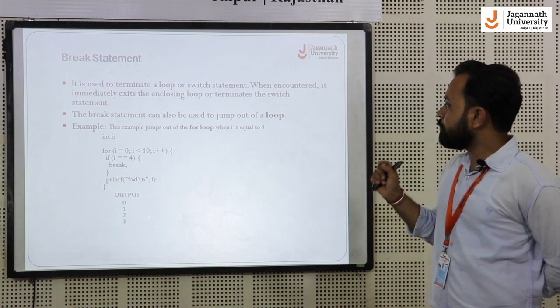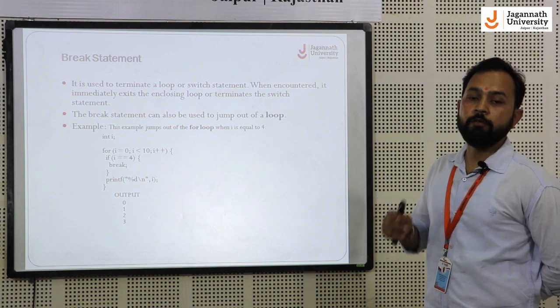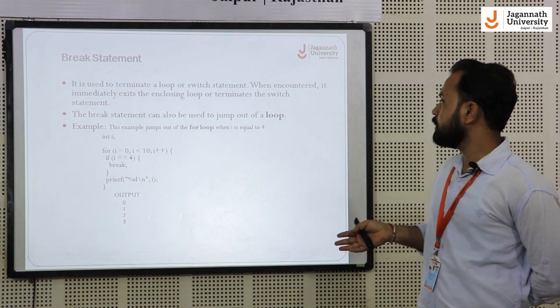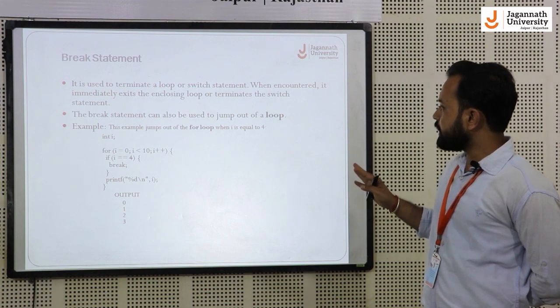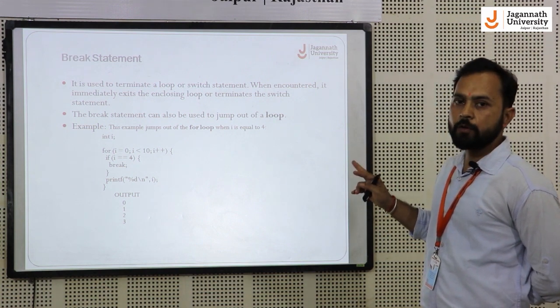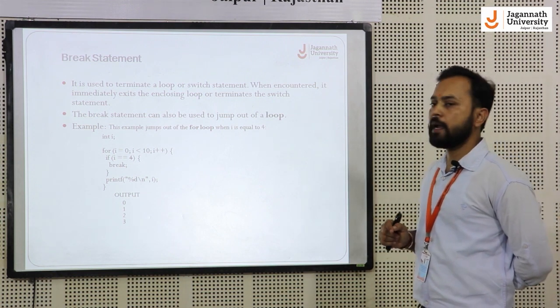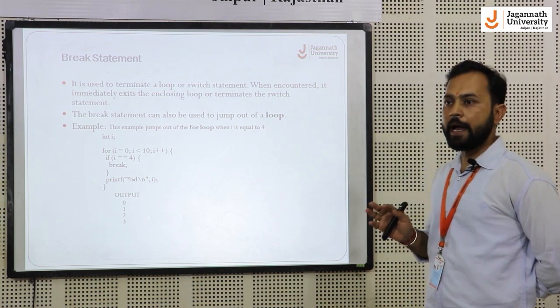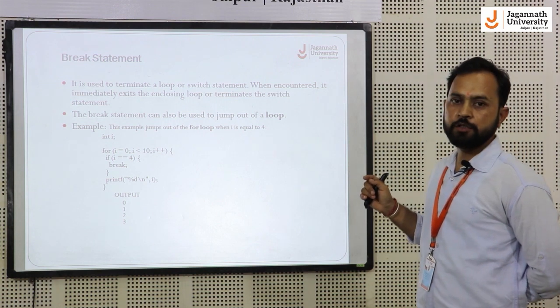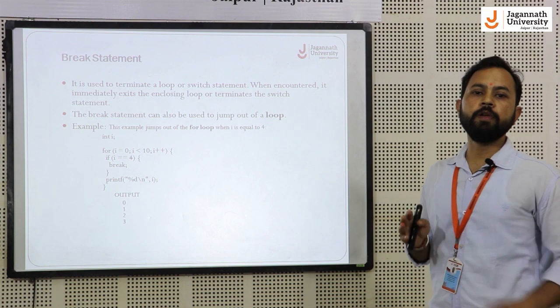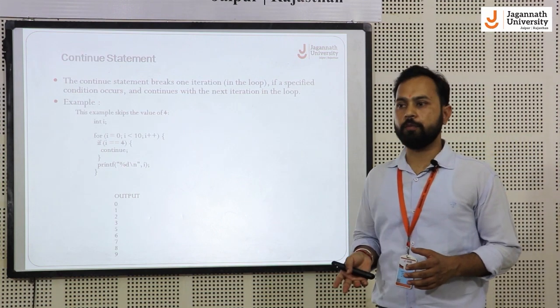Here when i equals 4, we want to break, it means we want to exit the current loop. So after the increment, when i equals 4, this break statement will be executed and your output will end before 4, printing 0, 1, 2, 3. So this is how we can break our current loop.